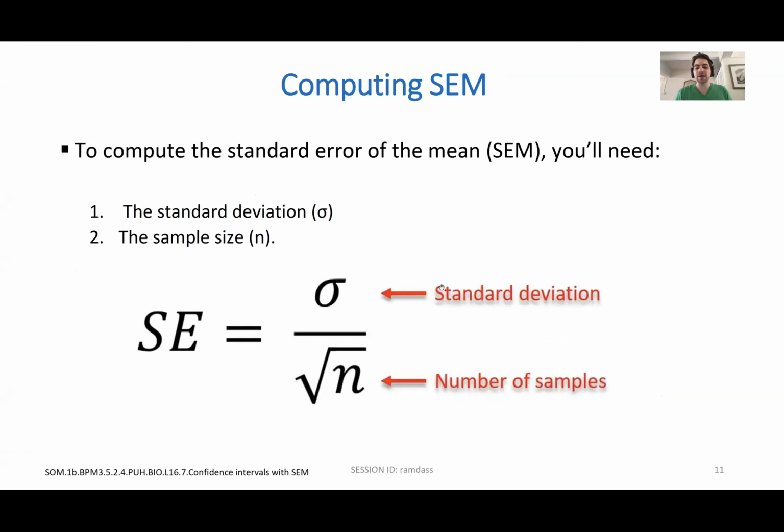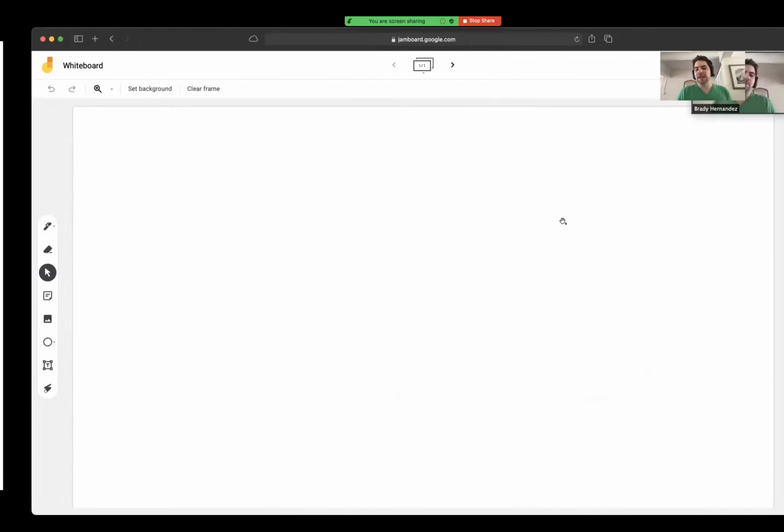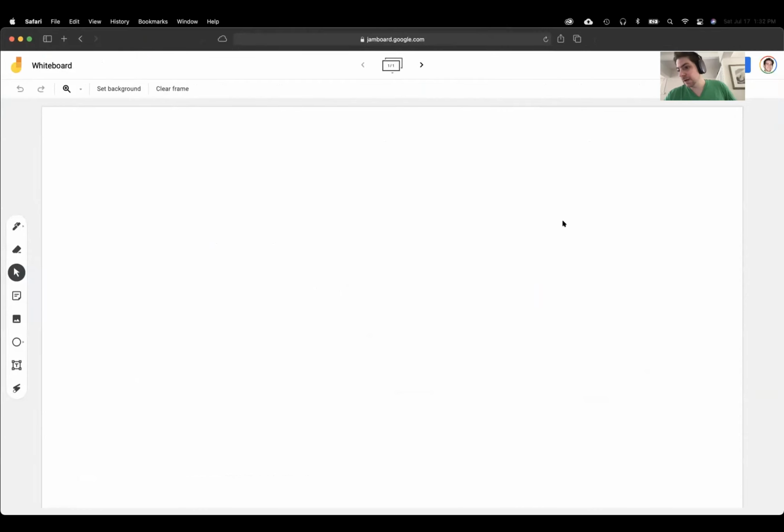You can see that here, right? And the key thing to remember here, like I mentioned earlier, is the more samples you have, the lower the standard error of the mean is. By increasing the denominator, if you have an increased number, then your standard error of the mean goes down.